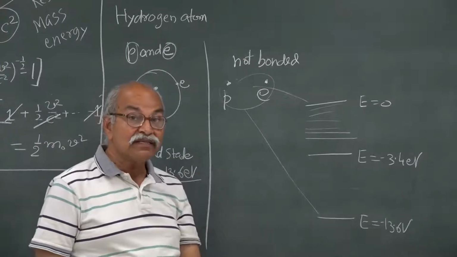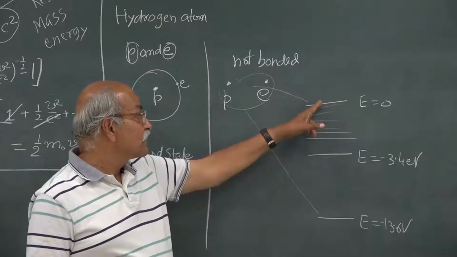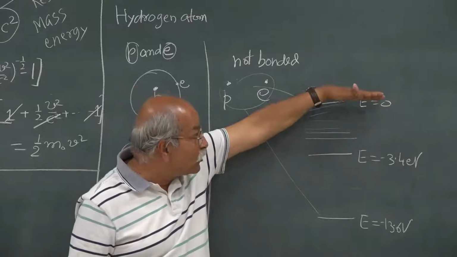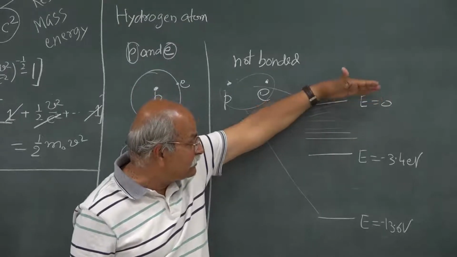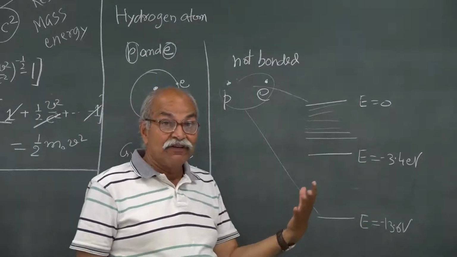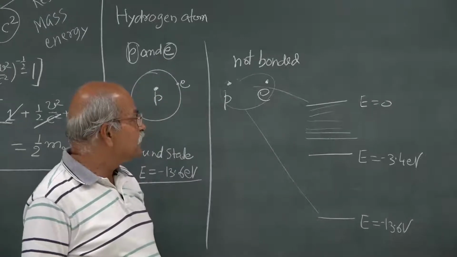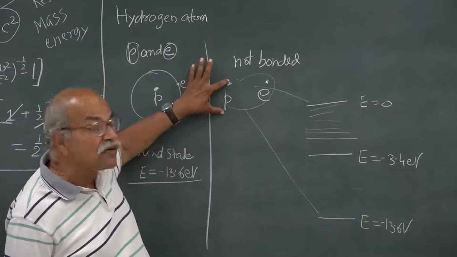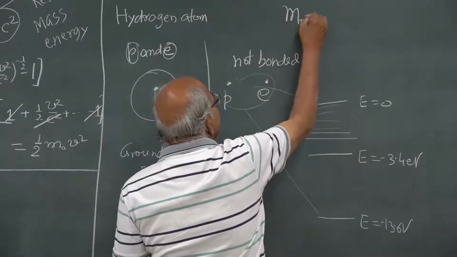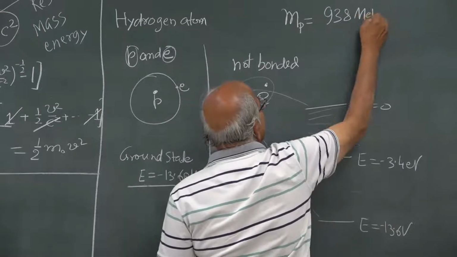The rest mass energy of this combination is not 0. We say that if I call this E equal to 0, then this is minus 13.6 eV. But when we consider these equations, the relativistic phenomena, we will say that the proton had some rest mass, which is about 938 MeV by c square.